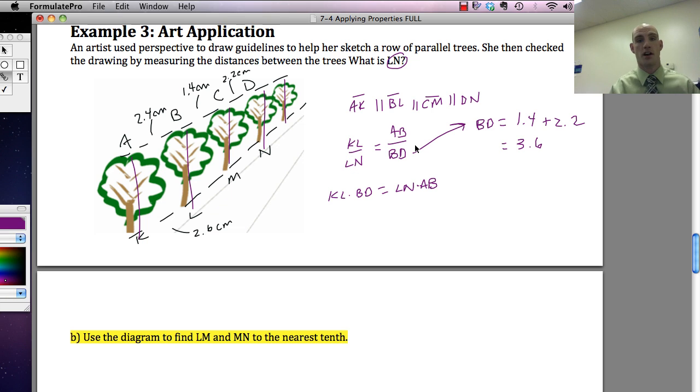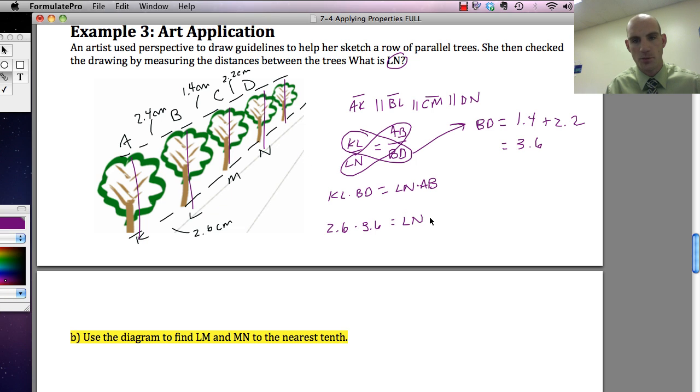Okay, that's the cross products property. Remember, these get multiplied and these get multiplied. Okay, let's fill this in. Well, KL is 2.6, so 2.6 times BD. Well, BD, let me fill that in as well. Should have done that already. Probably confused you there. BD we have, because BD is that 3.6, so 2.6 times 3.6 is equal to what we don't know, that LN, times AB.